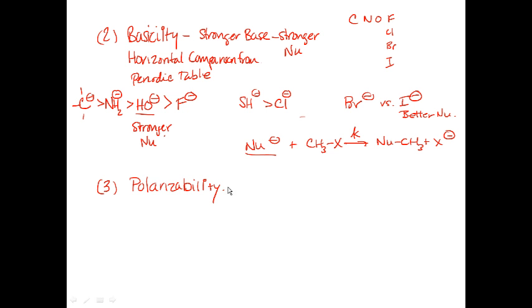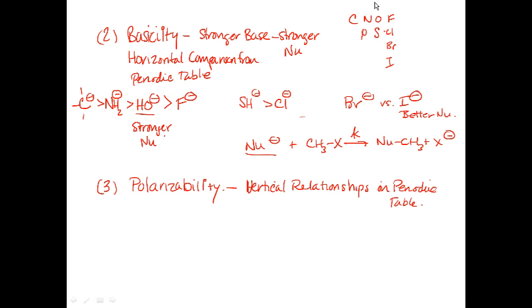So polarizability comes into play when you have vertical relationships. So for polarizability then, iodine would be the stronger nucleophile than bromine, than chlorine, than fluorine. If we put sulfur in, it's known that sulfur is a stronger nucleophile than oxygen.